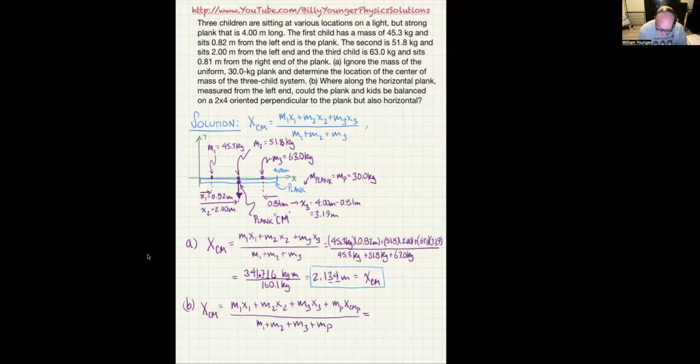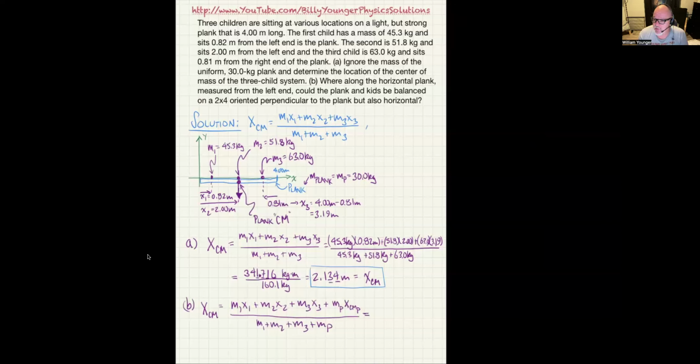The formula for part B, now that we have four masses, is m1x1 plus m2x2 plus m3x3 plus the mass of the plank times the x position of the center of mass of the plank. Now, the plank is a uniformly distributed mass, so that means it's basically uniform. Every cubic inch of it weighs about as much as every other cubic inch of it.